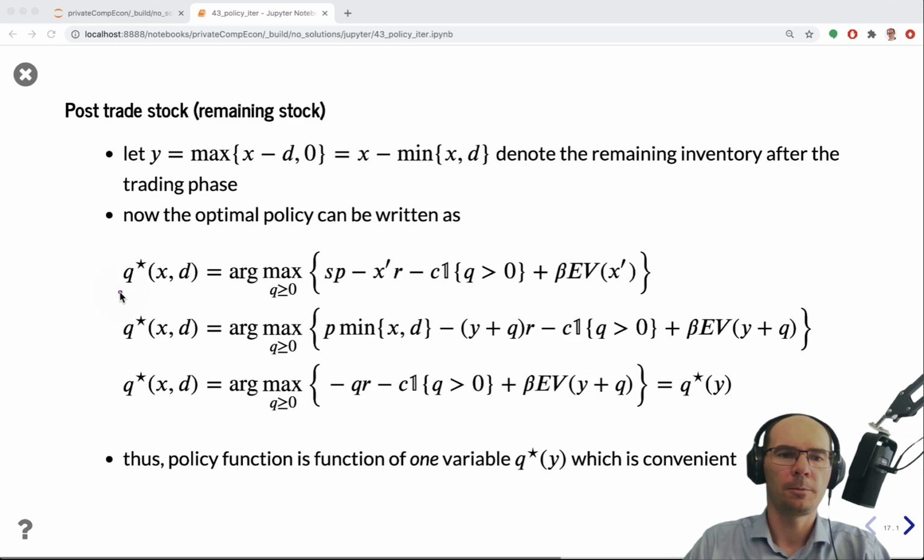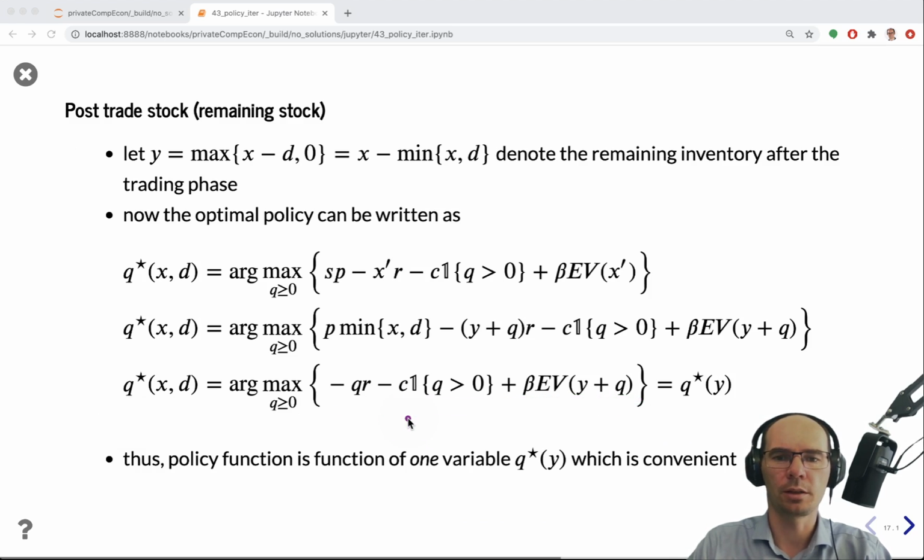Okay, and then we can rewrite the optimal policy function, this q function, which is the argmax. This is just a repetition. And then we can introduce y into here. So x prime becomes just y plus q, okay? And forget about the constant terms, which are independent of q, and this one, right? So the optimal q becomes the argmax of this problem here.